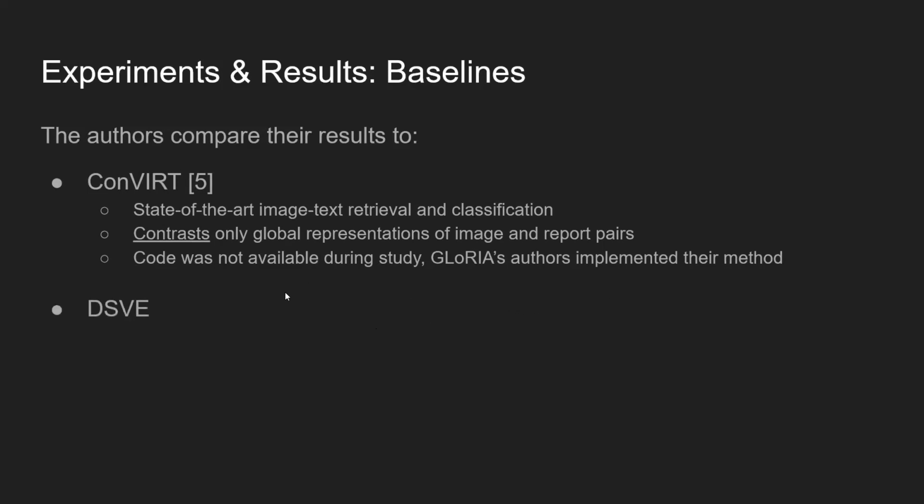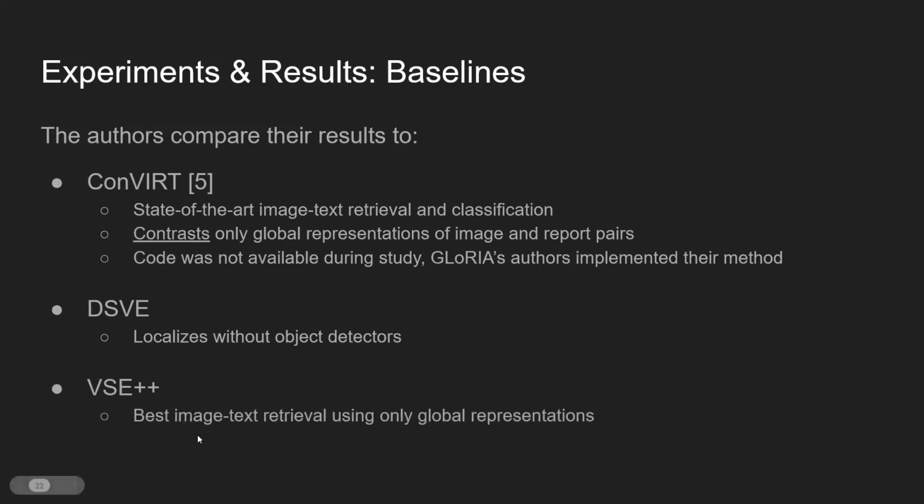They also compared their results to DSVE, which localizes without object detectors, and VSE++, which is the best image text retrieval using only global representations. It does not contrast the global representations.